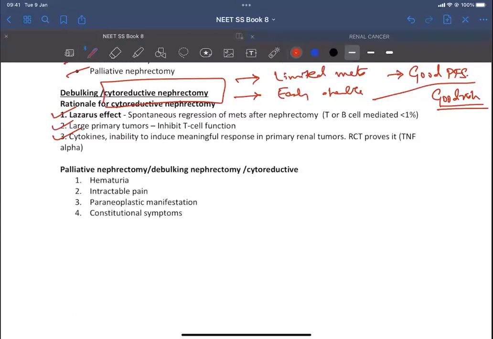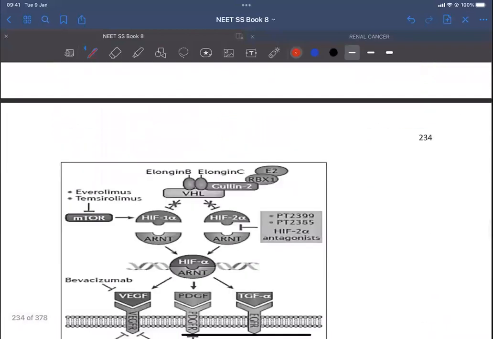So there's not a very great response in the primary tumor itself as a result, and there's not a great response with the meds as well. Okay. Palliative nephrectomy, here we're not talking about risk factors because you're doing it for symptomatic relief.